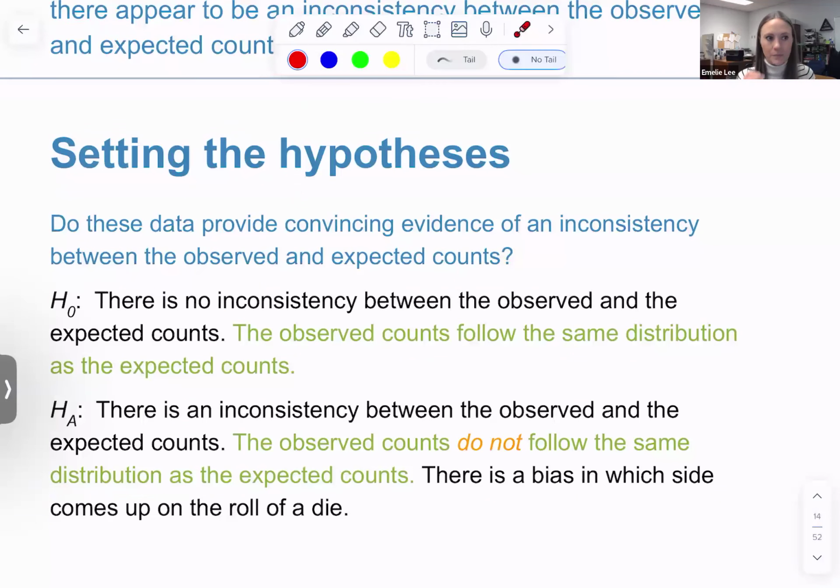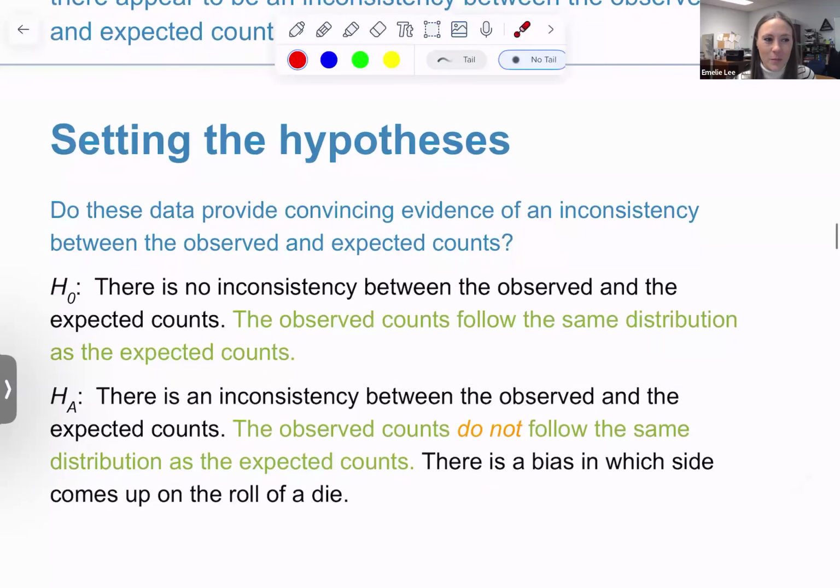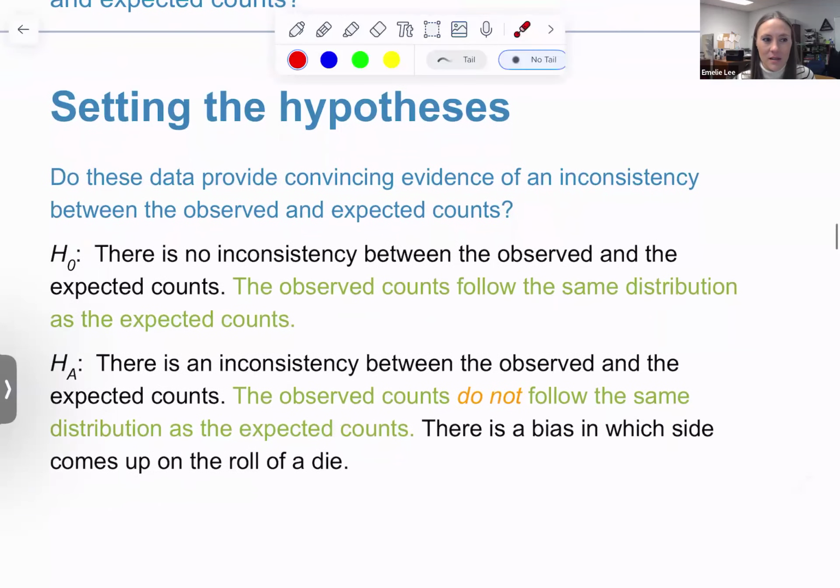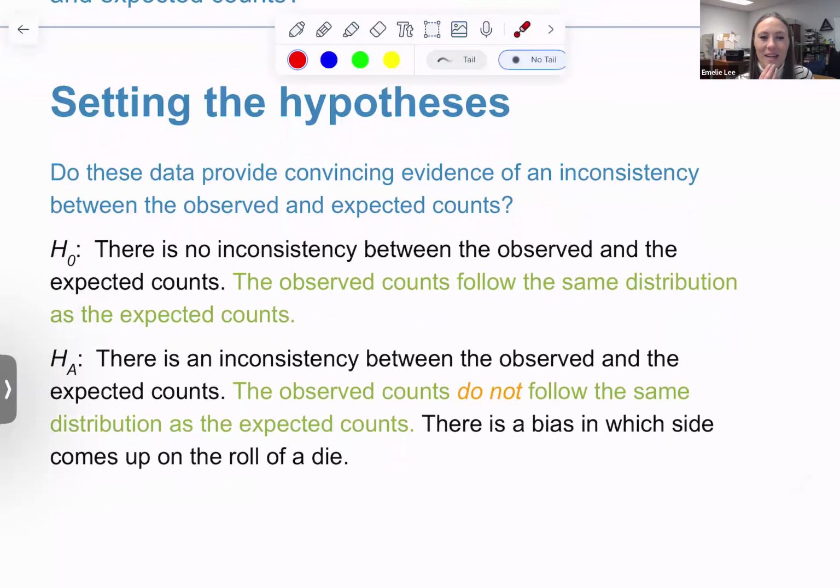So our hypotheses. Now that I have more than two groups, it's going to be really hard to talk about, especially in terms of the parameters. And so, luckily, we don't need to. But what we're going to talk about is all those observed counts and how they compare to the expected distribution.